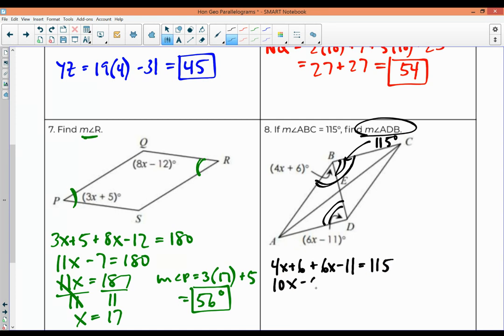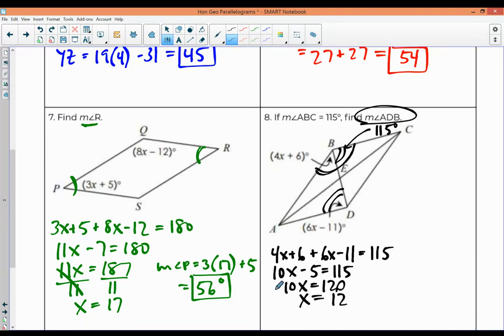Again, combine like terms. And I get x equals 12. And then I want to find the measure of angle ADB. So I'm just substituting that in for this expression. 72 minus 11 will give us 61 degrees.